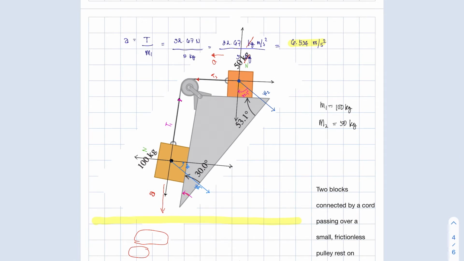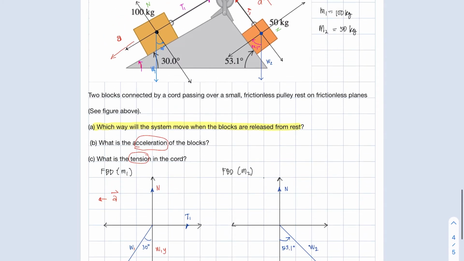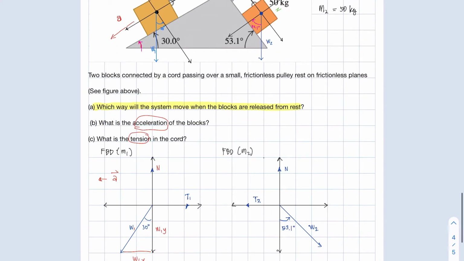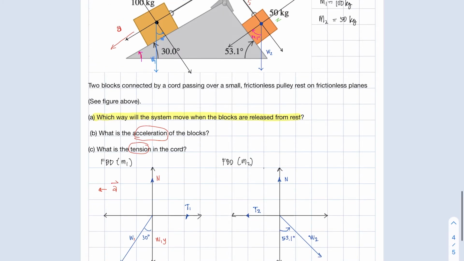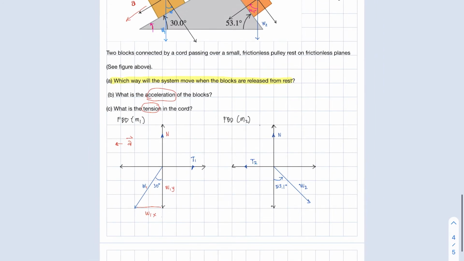Then your weight, in this case, is already at an angle of 53.1. I'm not really measuring the angle, but yeah, that's 53.1. So this is your weight sub 2. And then another force that exists is tension 2, which is directed towards the left. So that's your tension 2. Did we take into account everything? Yeah, I guess we're good to go.